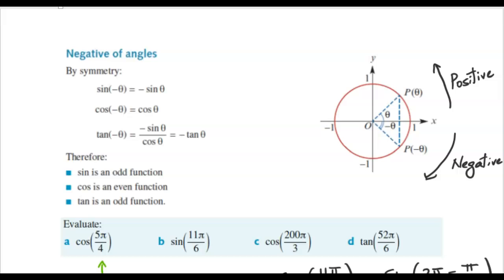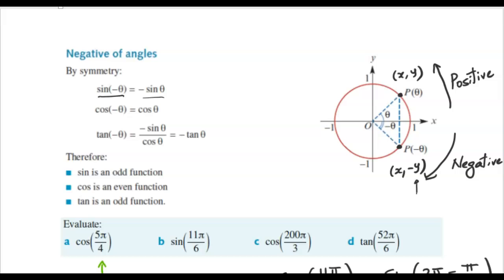Therefore, this answer is going to be same as writing minus of sine theta, right? Because again, if we take the coordinates of that point, one is x, y, this one is x and minus y, right? And that minus y is basically telling us that the sine value is going to be negative. So that's why we have sine of minus theta is equal to negative sine theta.